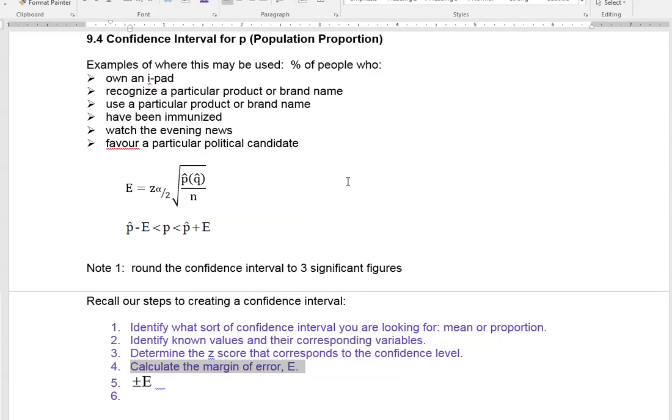How certain do we need to be? And then we can calculate the margin of error. So we looked at the formulas for the mean last day. Our formula for margin of error for the proportion is right here, where we've got E equals Z times the square root of P hat Q hat over N. Once we've got that margin of error, we add and subtract the margin of error from our point estimate to determine our upper and lower values of our confidence interval.